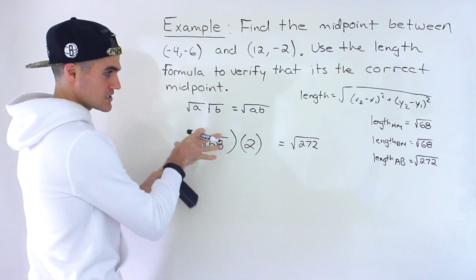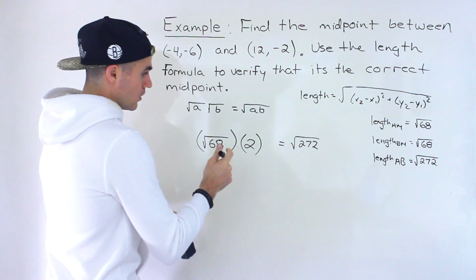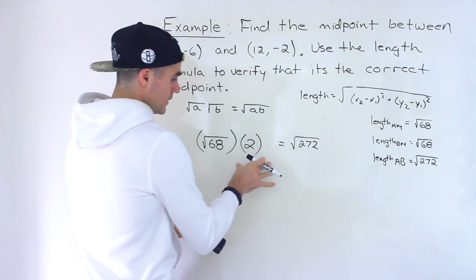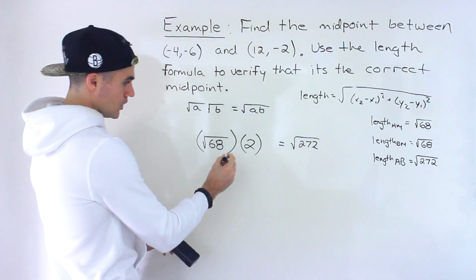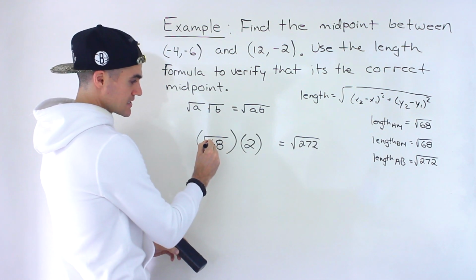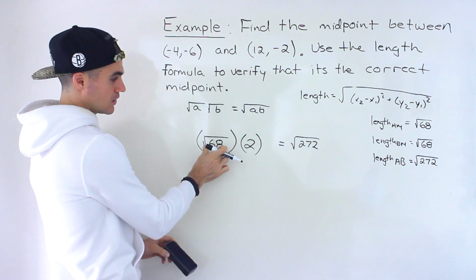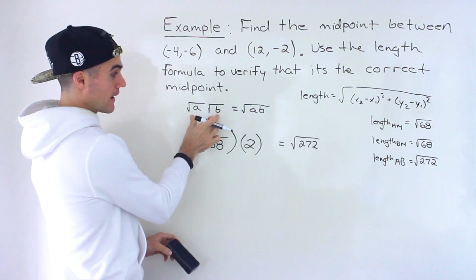But again, the question is, how do we do that in this radical, in this square root form? Well, notice that we can't multiply at this point the square root of 68 times 2, because to multiply a radical, you have to multiply by another radical.